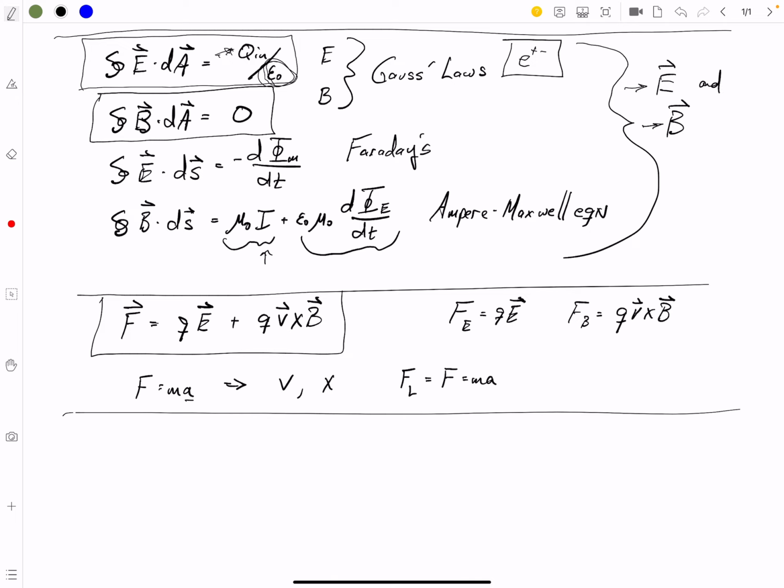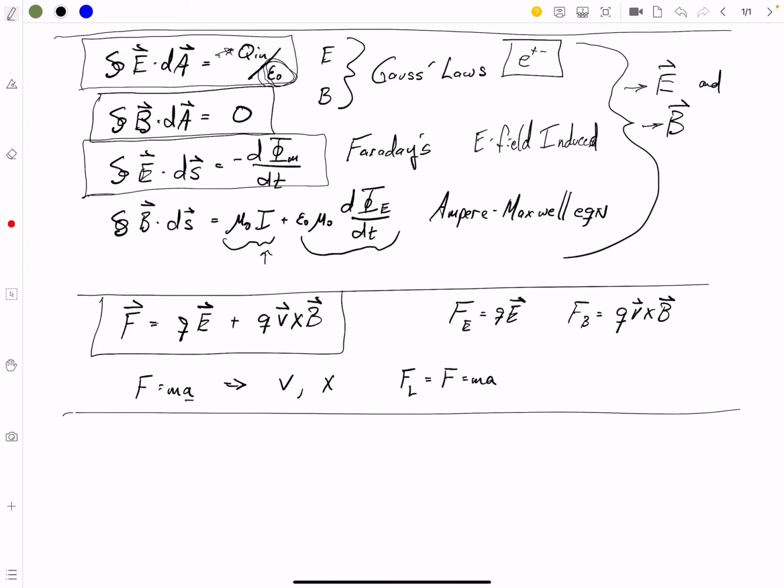That's our Faraday's law. And so we're getting an E field here that is induced from the change in the magnetic flux in time. All right? So we've now got two ways of finding an E field.